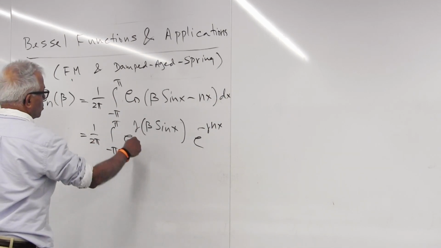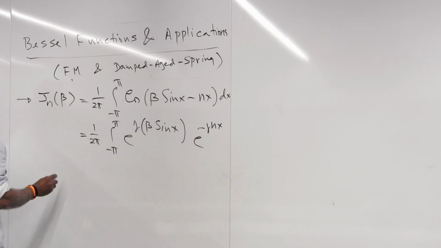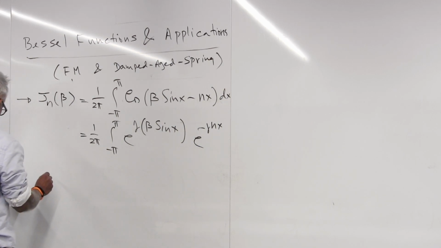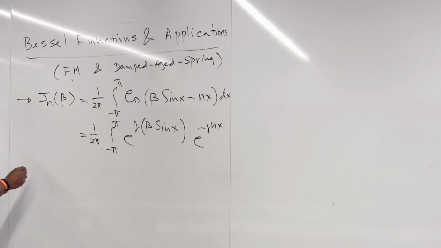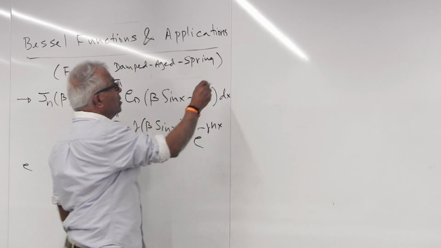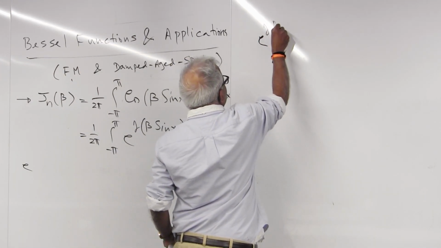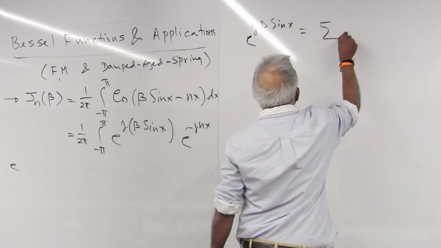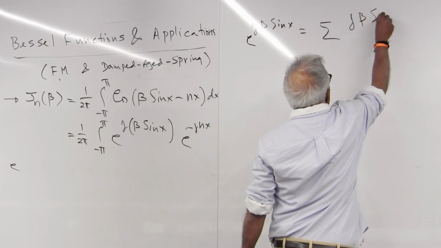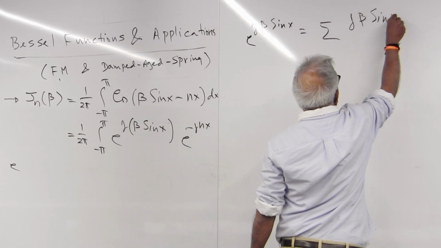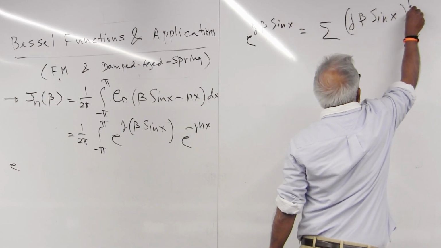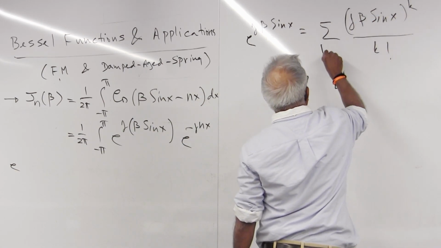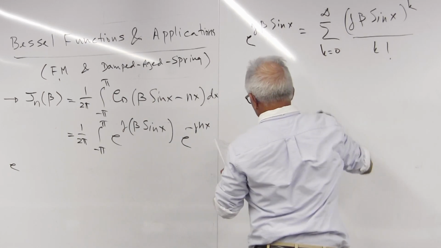I'm going to expand this using the exponential terms. e raised to j beta sine x is the summation of j beta sine x to the power k over k factorial, where k goes from 0 through infinity.